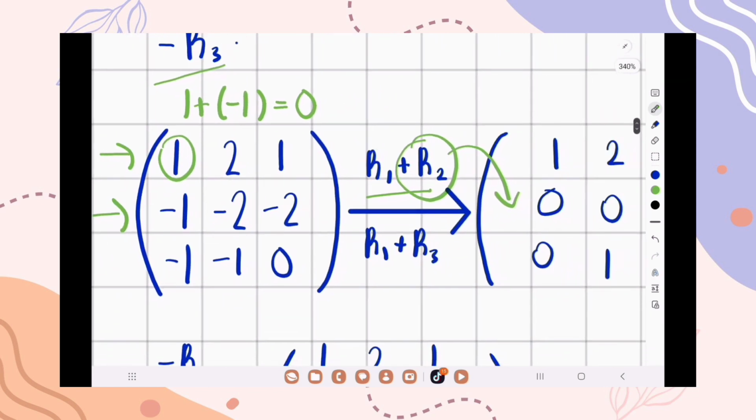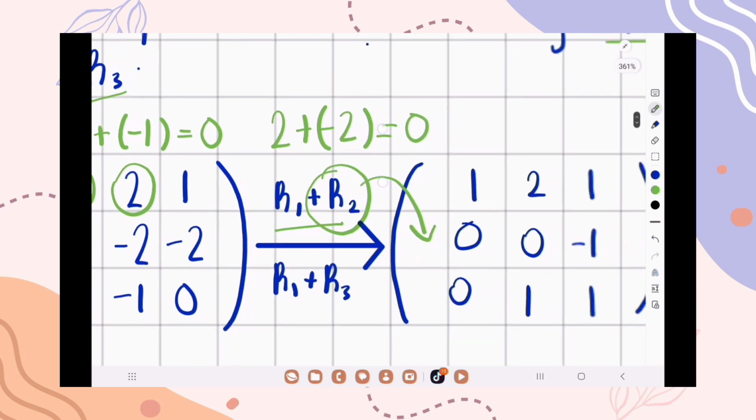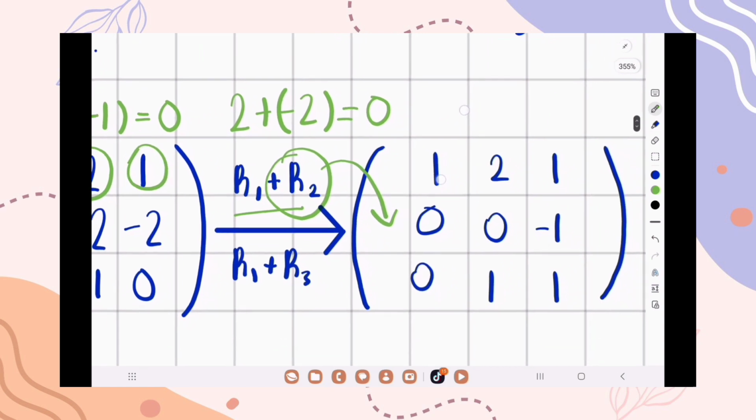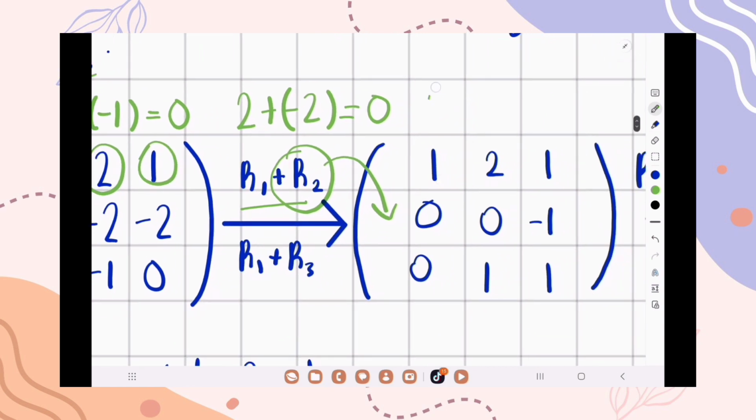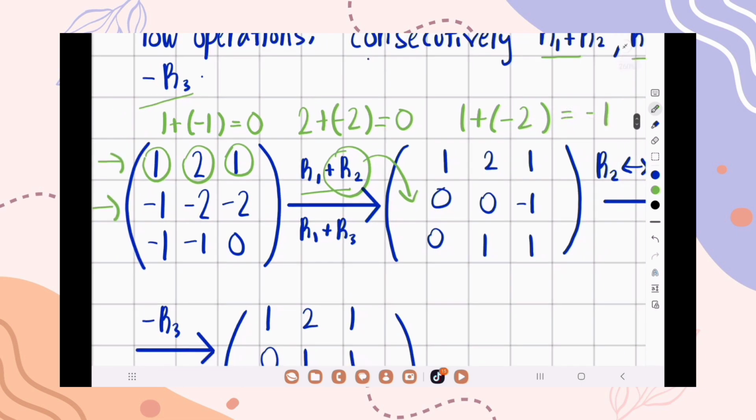Then we take this 2 plus -2 equals 0, and this one, 1 plus -2 equals -1, which is the answer.